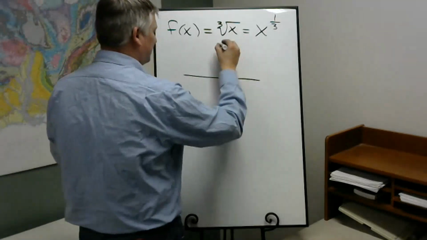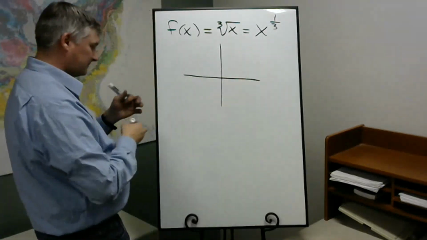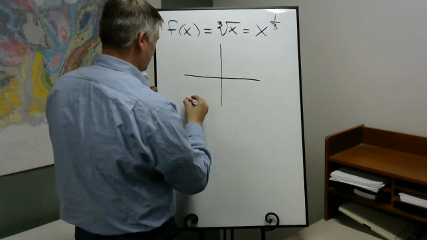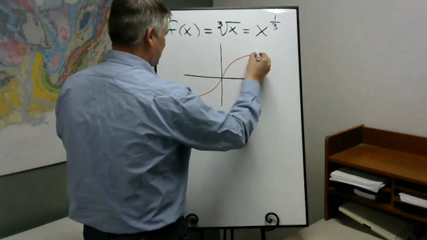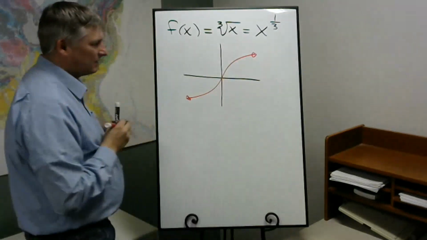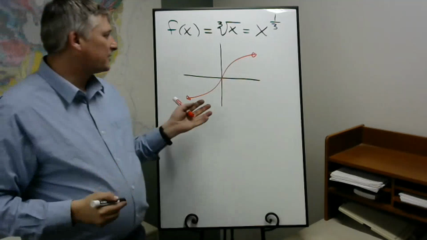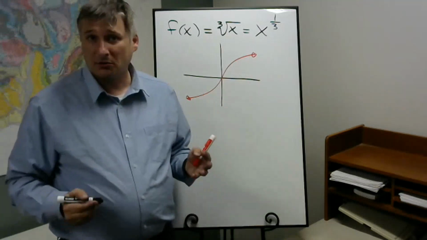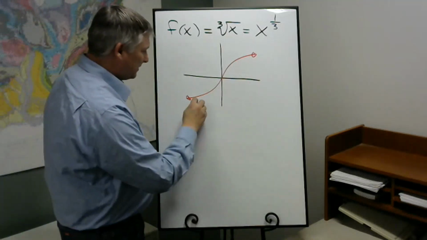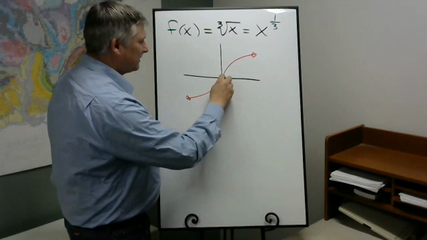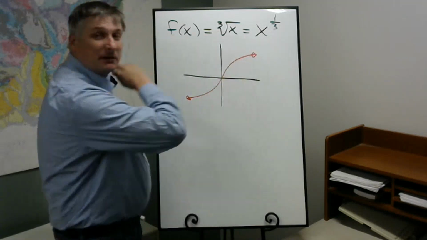It looks roughly like this. Now, this function is always increasing also. As you go along here, it's getting bigger and bigger, and it's just going to keep being bigger and bigger.